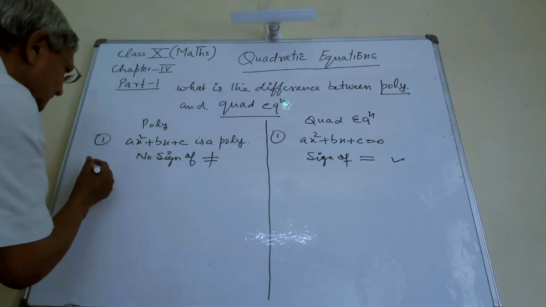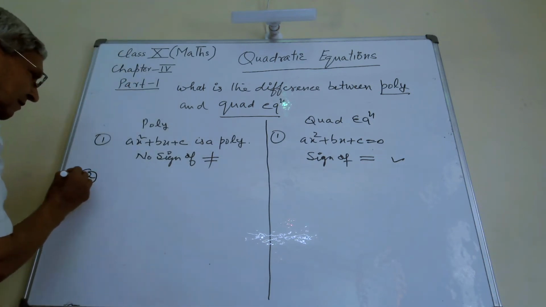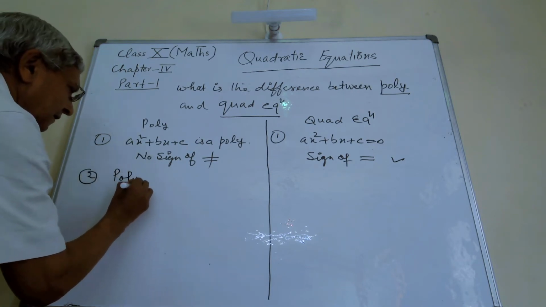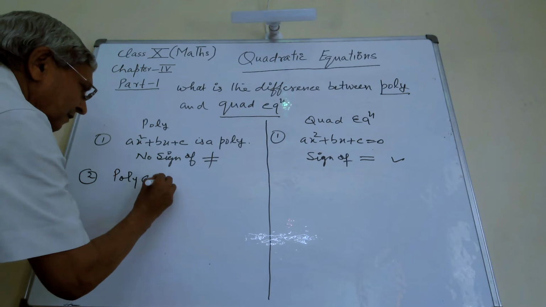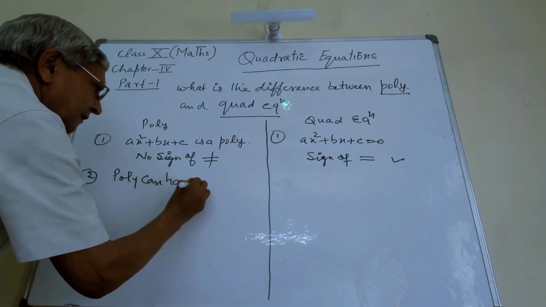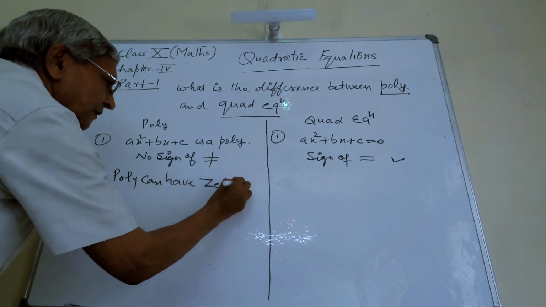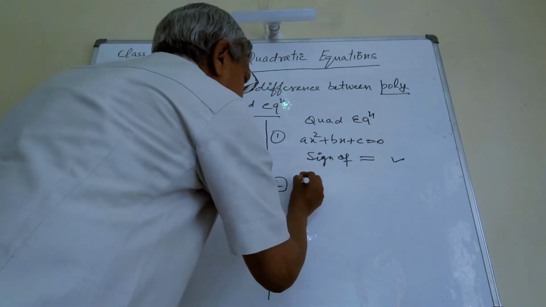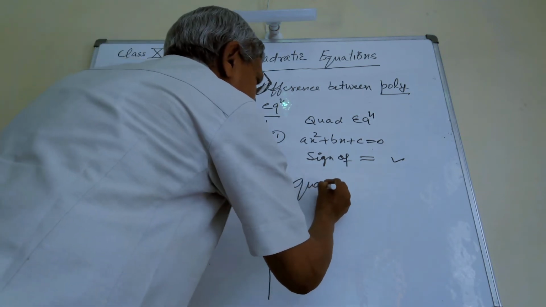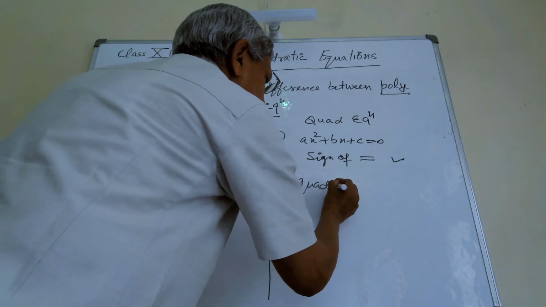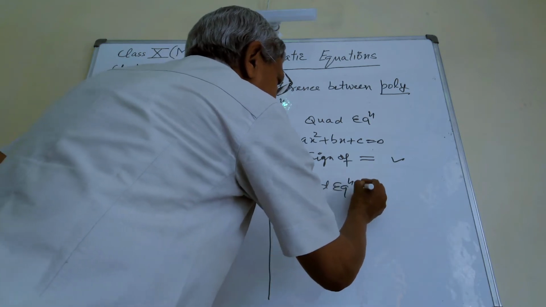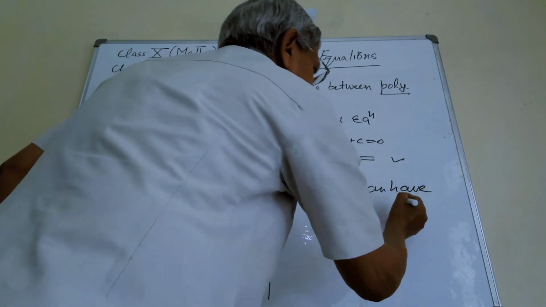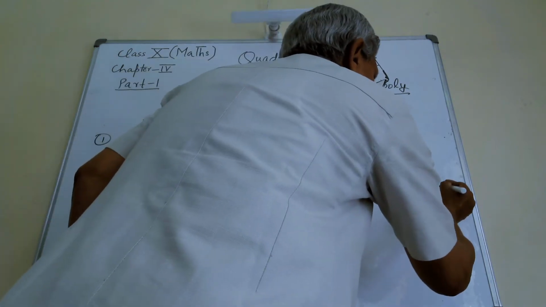Second, a polynomial can have zeros. A quadratic equation can have roots.